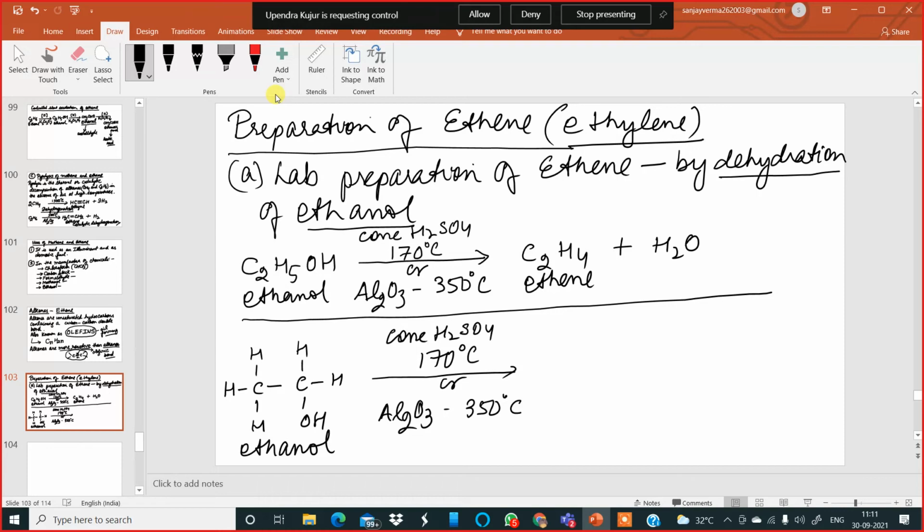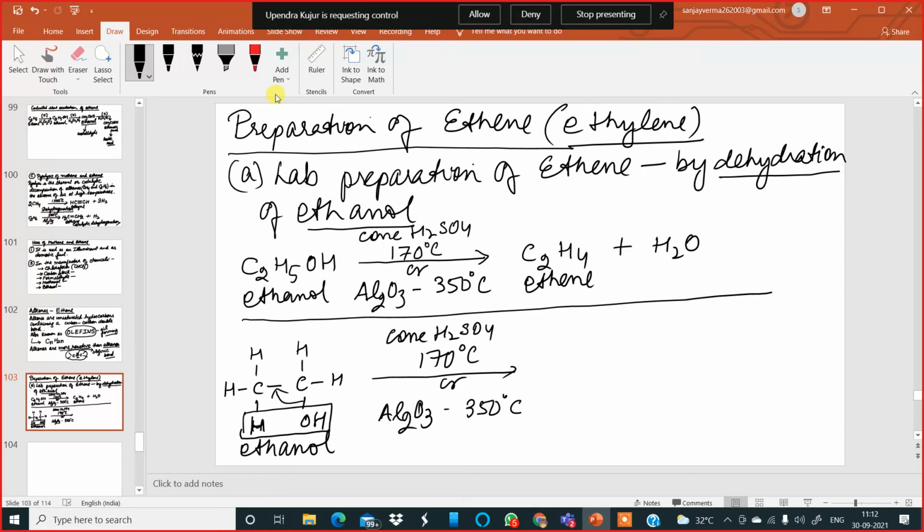Now how does it happen? Over here water is removed in this manner: H from the first carbon, OH from the second carbon. So minus H2O. The bond falls over here and takes away the hydrogen.